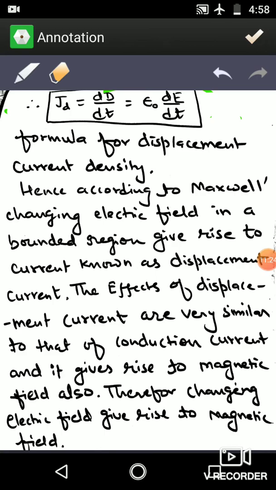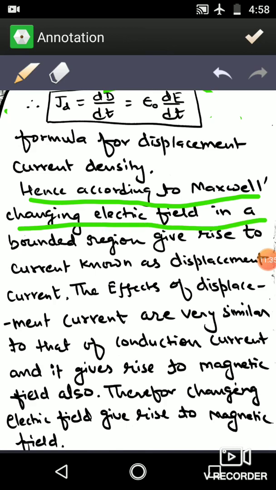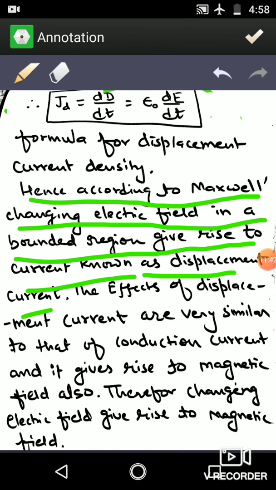Let us summarize our lecture. Hence, according to Maxwell, changing electric field in a bounded region gives rise to current, which is known as displacement current.